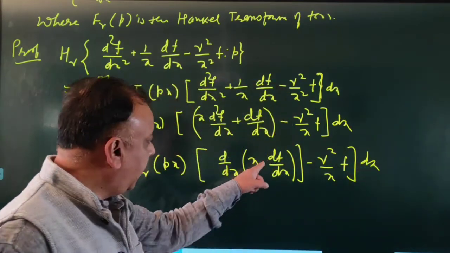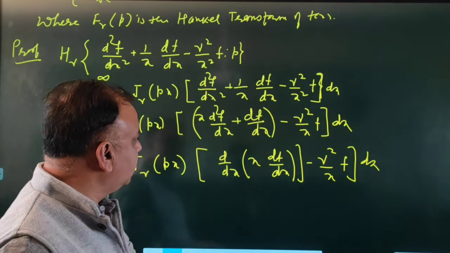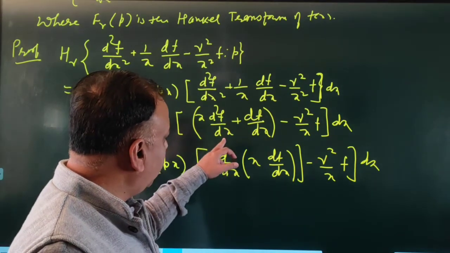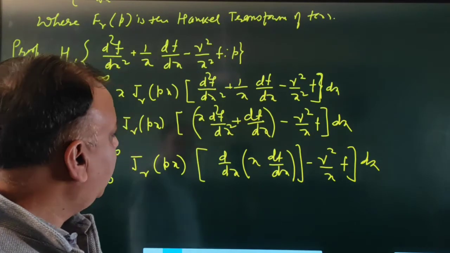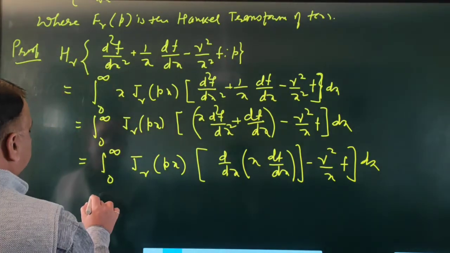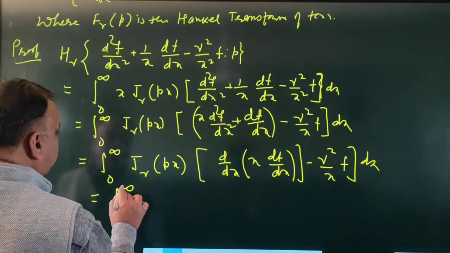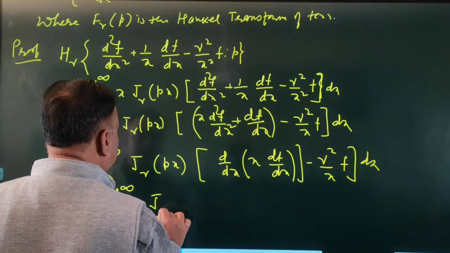Here d/dx of (x df/dx) is equal to x d²f/dx² plus df/dx.